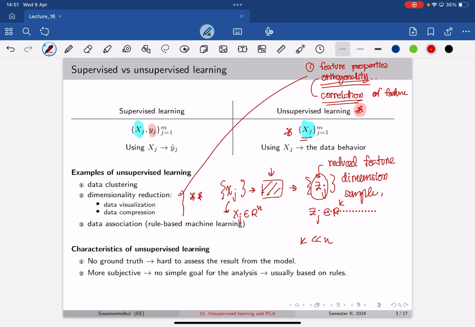To say that it's meaningful means that you are able to reconstruct it back to something close to your original feature. So usually people will say that the concept of dimensionality reduction is somewhat related to the ability to reconstruct it back.